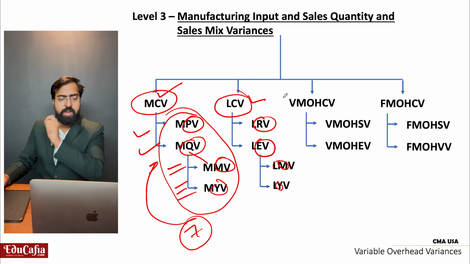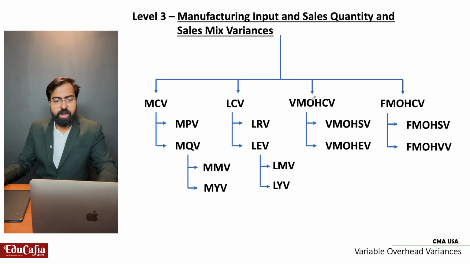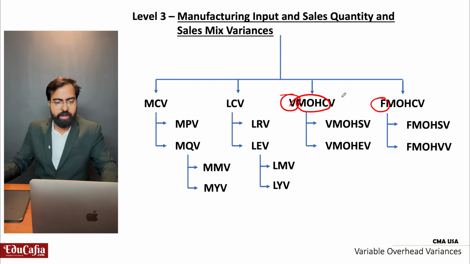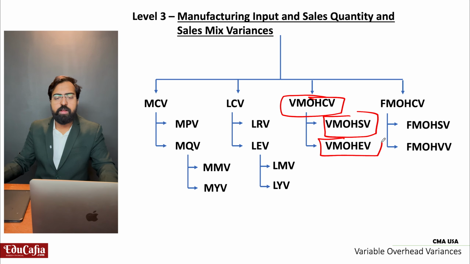in the LCV, right? So when it comes to manufacturing overhead cost variance, whether variable or fixed, we have only 3 equations to study. Here it is 1, here it is 2, here it is 3. That's all. What is this?